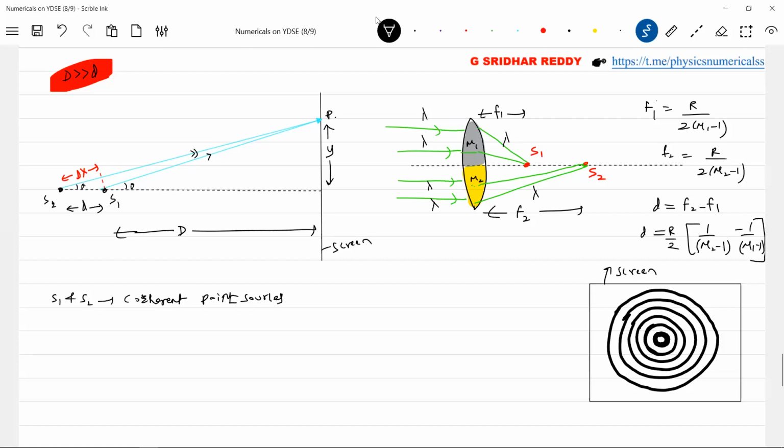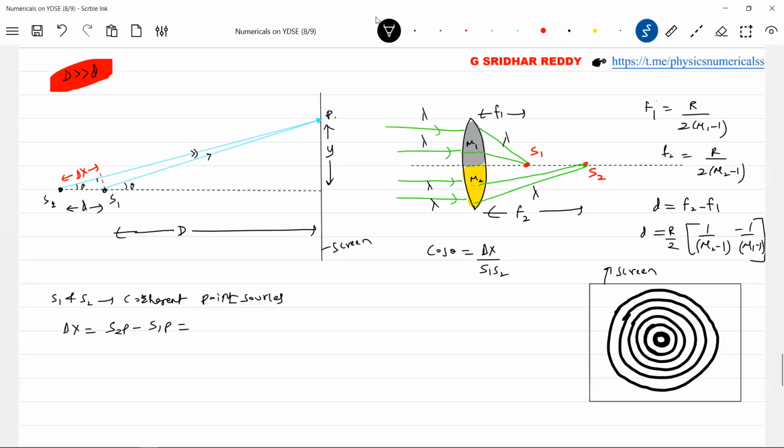So therefore, what is cos theta? Delta x is S2P minus S1P. Looking at the triangle, cos theta should be equal to delta x by S1S2.